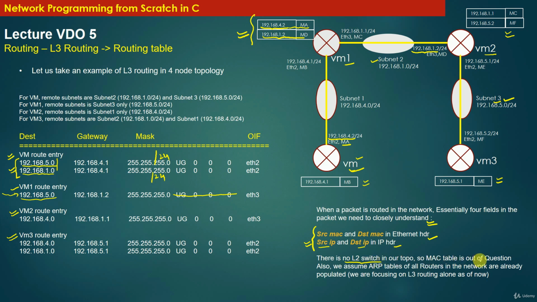So the MAC table is out of the question. Also, we assume that the ARP tables of all the routers in the topology are already populated, so that we can avoid the redundant discussion of ARP resolution in this example and focus only on L3 routing concepts. So this is the topology I have explained. We will run an L3 routing example on this topology in order to explain the L3 routing concepts.